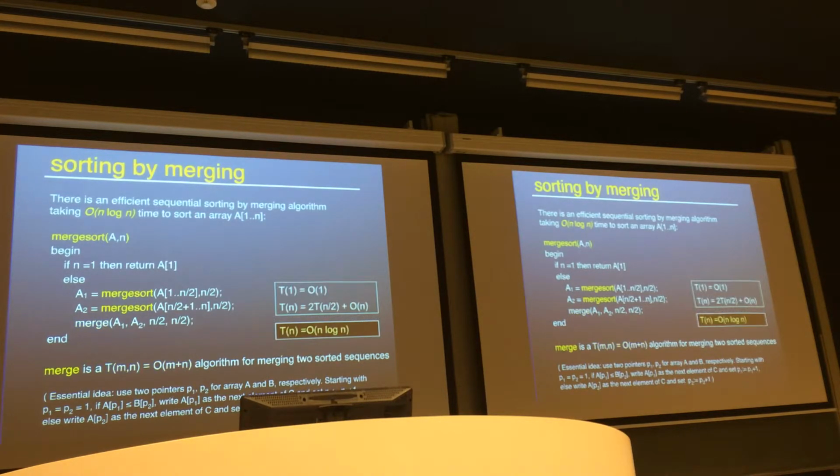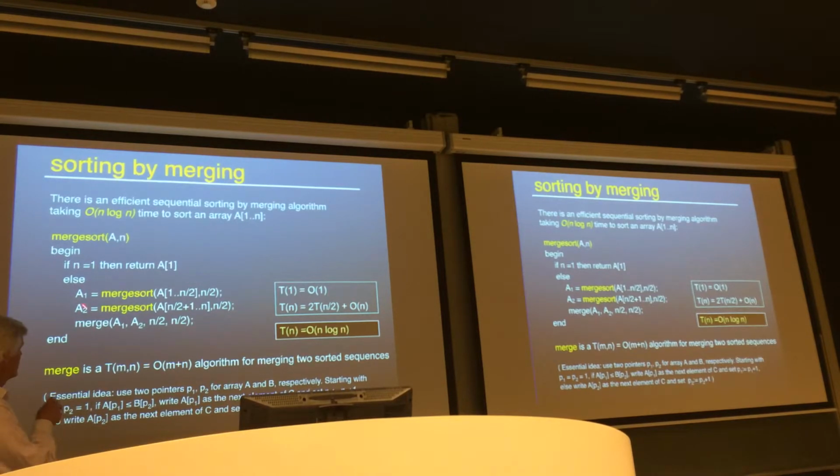Well, what's then the total time complexity of this algorithm? Well, we know that if n equals 1, you can simply return the vector, so that can be done in constant time. And if you have T(n), then you can do the merging in 2 times T(n divided by 2).